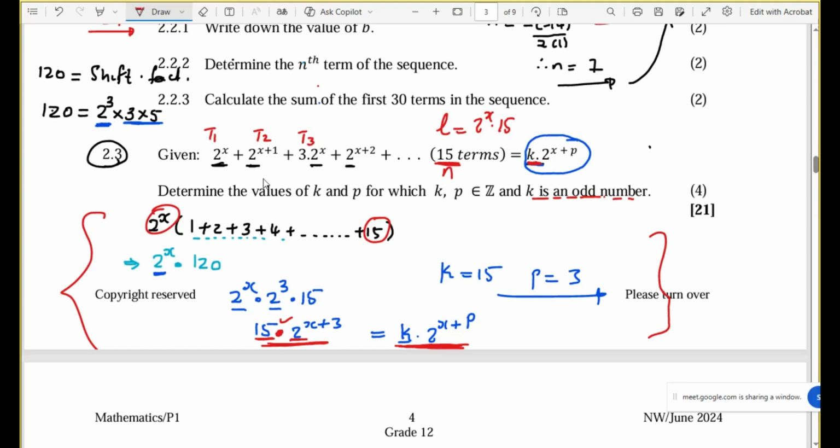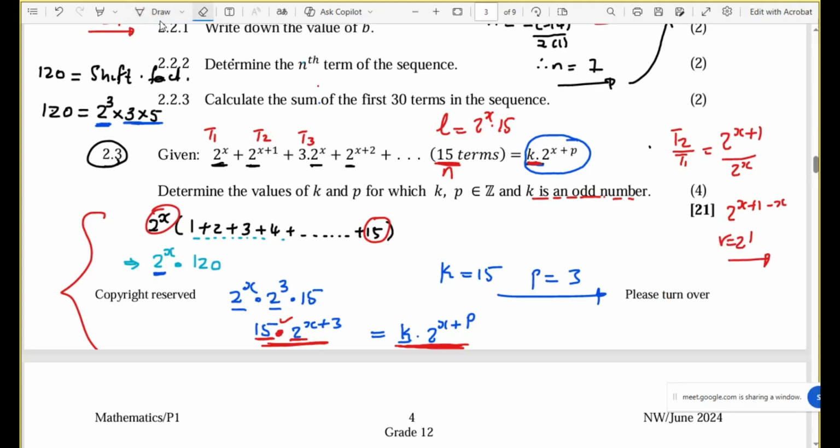When I say T2 over T1, this gives me 2 to the power x plus 1 over 2 to the x. The bases are the same, so we subtract the exponents. So this is 2 to the power x plus 1 minus x. The x cancels, which is just 2 to the power 1. So that's r.